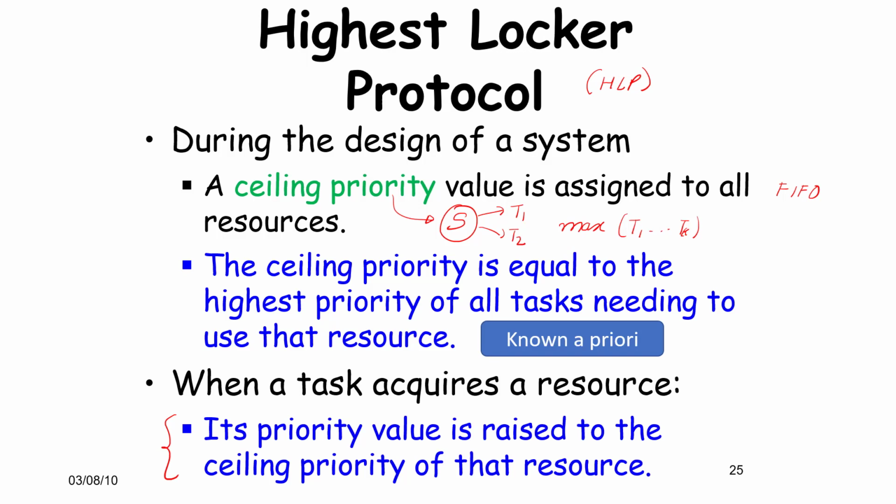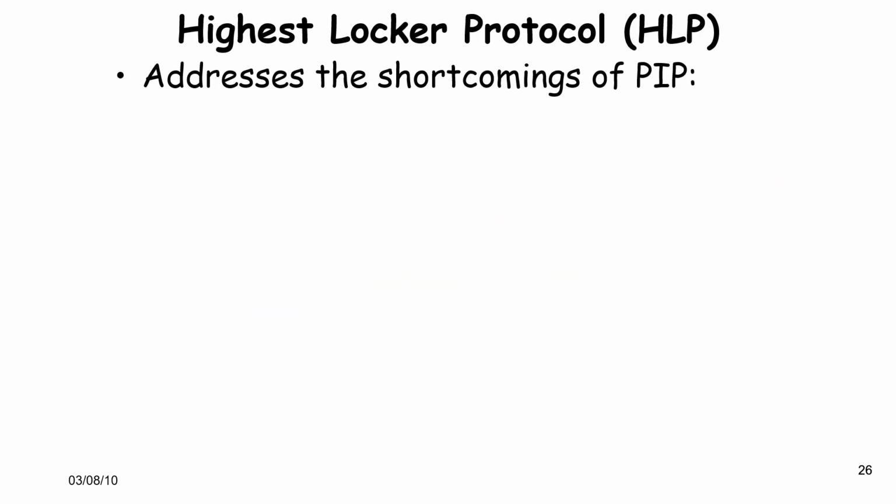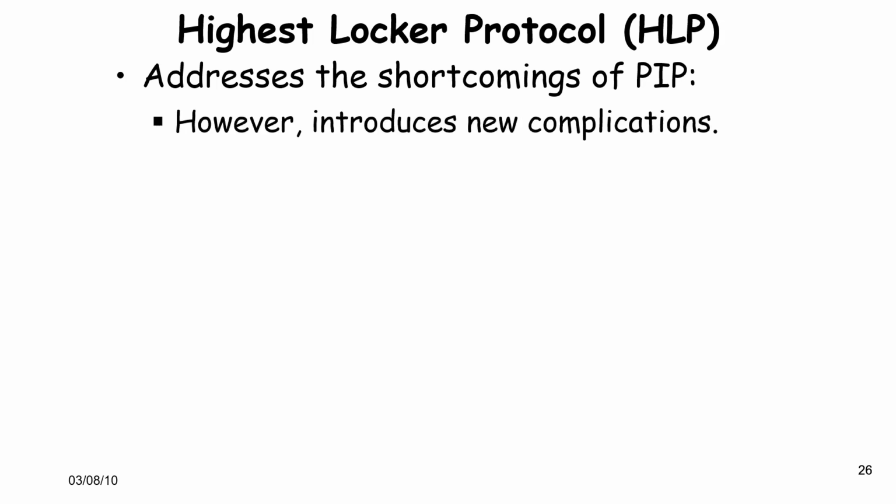Whenever any task acquires a resource, we just bump its priority to whatever is the ceiling priority of that resource, which is the maximum priority of all tasks that may ever possibly request the resource. This may appear simple, but it's quite profound and quite powerful, in the sense that it helps us address many of the shortcomings of PIP.